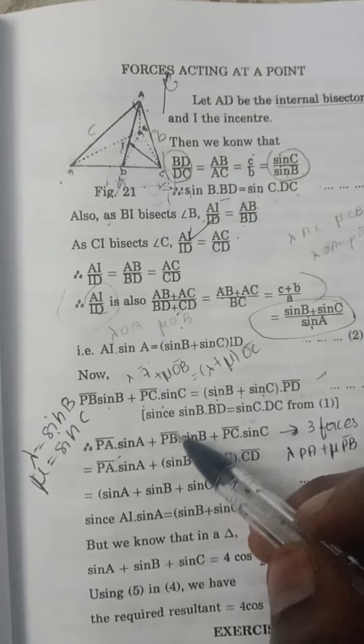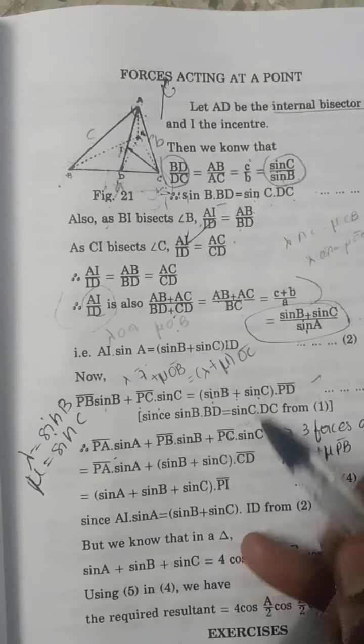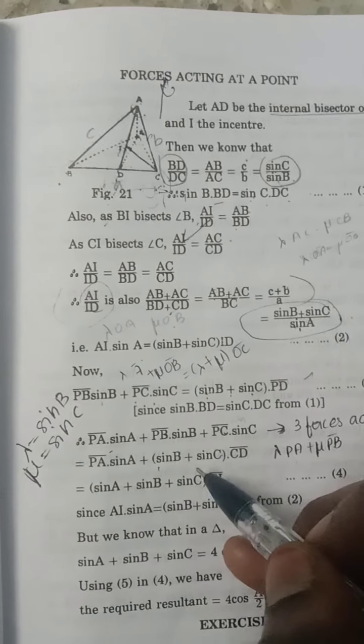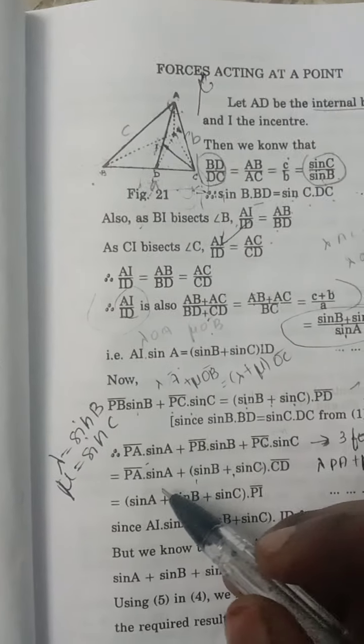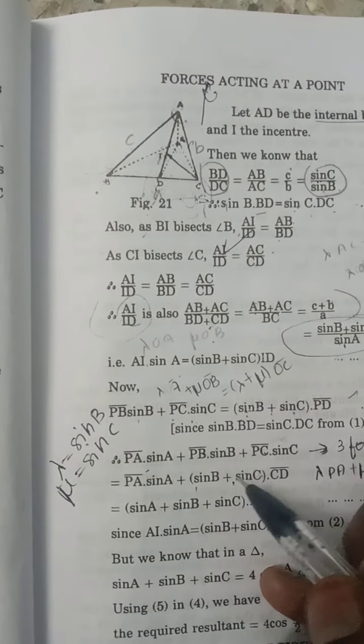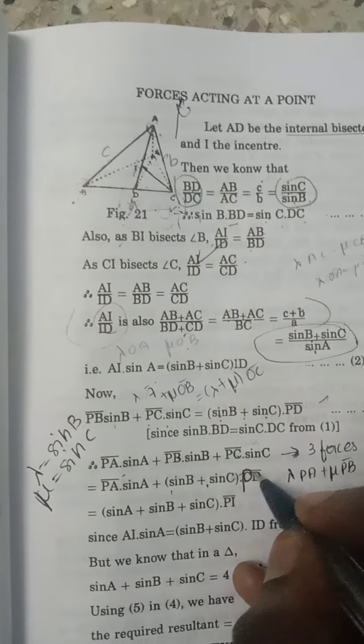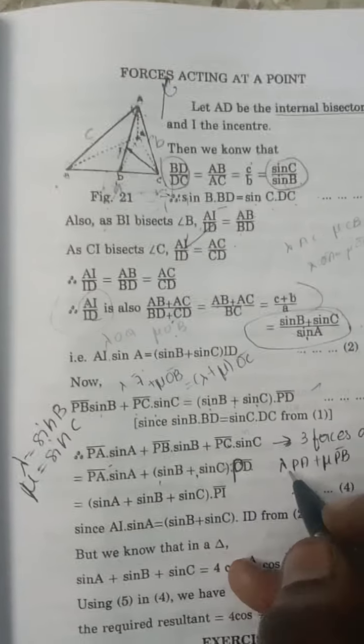So PB sin B plus PC sin C can be written as sin B plus sin C times PD. It is not CD, it is PD.